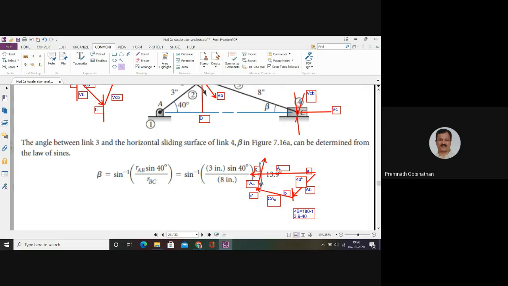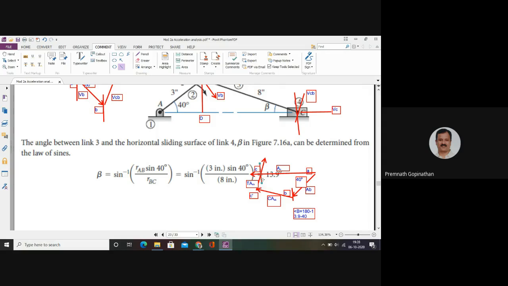Similarly, you can find out the angle at this particular position. Again, it will be having 13.9 here, and here you have again 13.9. So it will be 90 itself because it is perpendicular. So there is no need for identifying the angle at point C dash because that is 90 degrees itself.